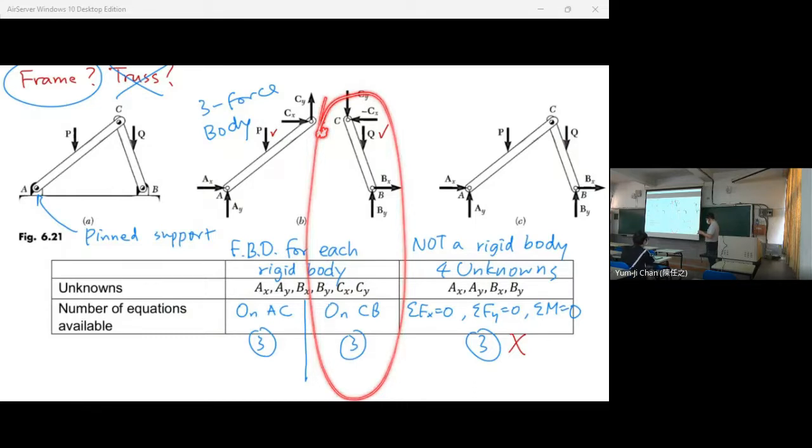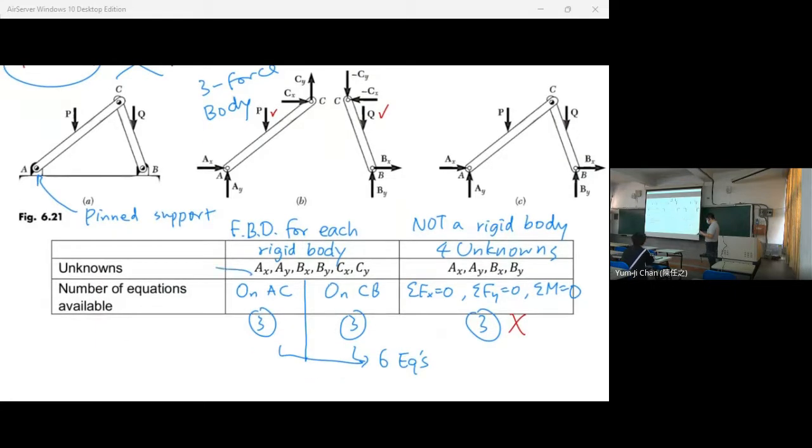So in total we have 6 equations and 6 unknowns. So we can solve the problem.